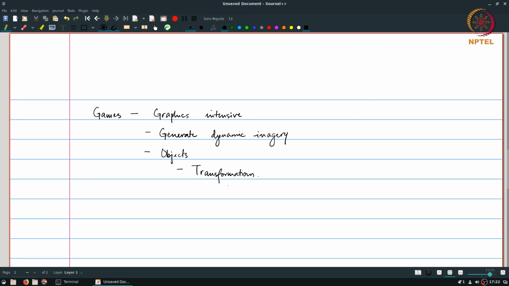Now, what are these transformations? That is largely matrix kind of operations. In other words, let's say you have one image which has an object and you apply some kind of rotation transformation on it. That could be modeled as a matrix or a chain of matrix operations, which would finally result in that object being rotated by a certain amount.